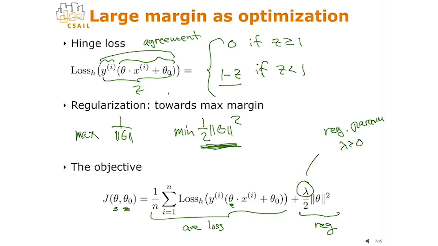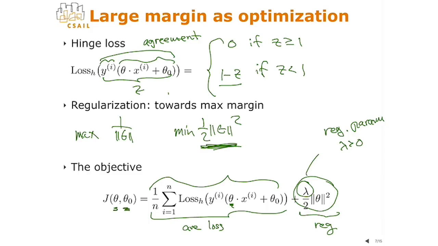Okay? For large values of lambda, the regularization parameter, we will favor large margin solutions, but potentially at a cost of incurring some further loss as the margin boundaries push past the examples.